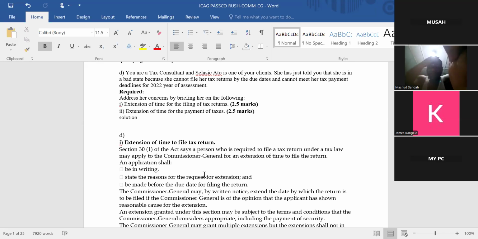For example, if Musa Company Limited withheld taxes from employees or withheld taxes when making payment for goods and services, the law requires Musa Company Limited, as an agent for the Commissioner General, to remit these taxes.